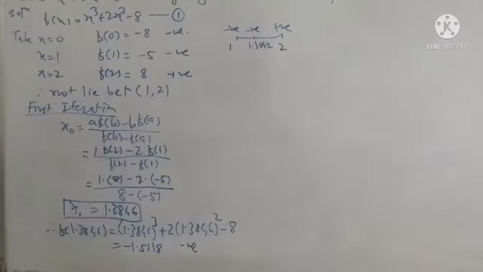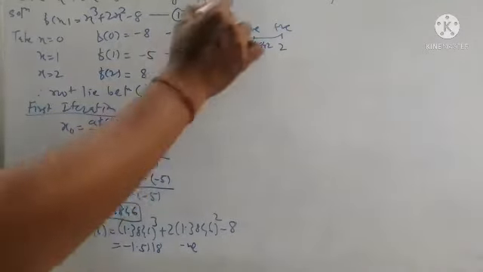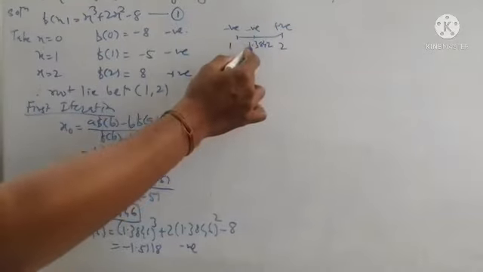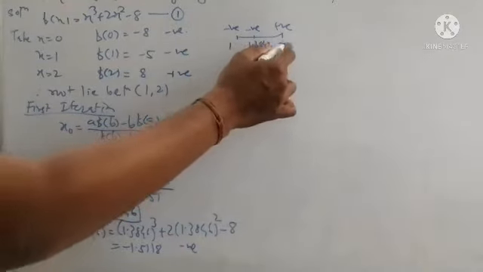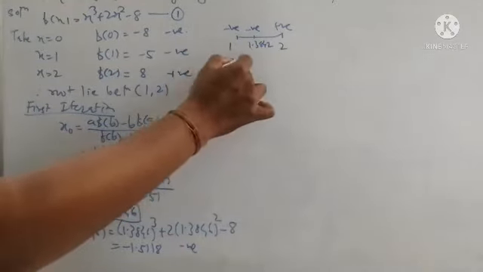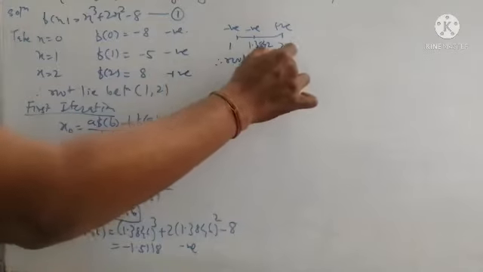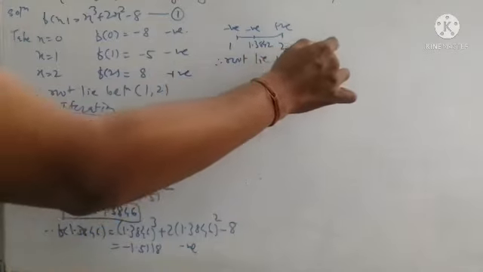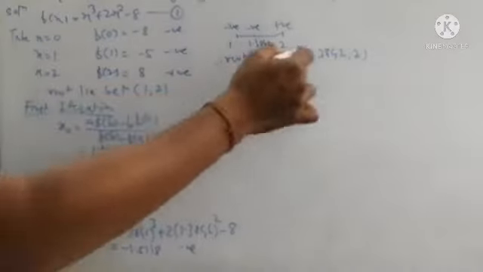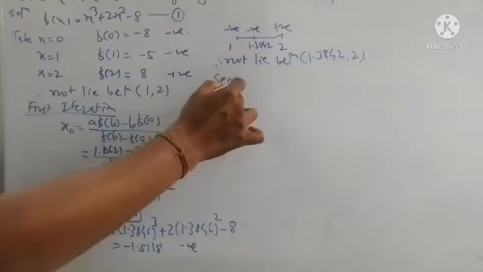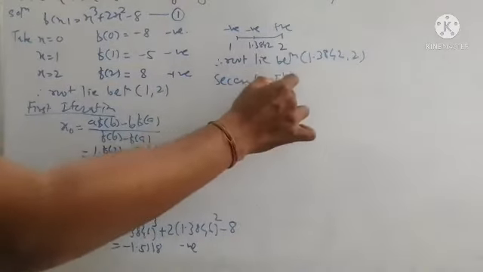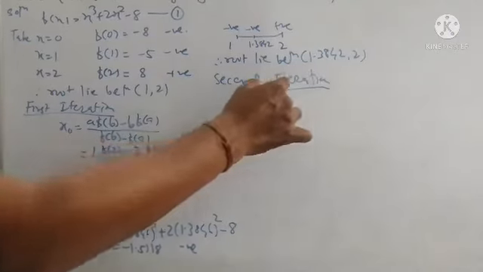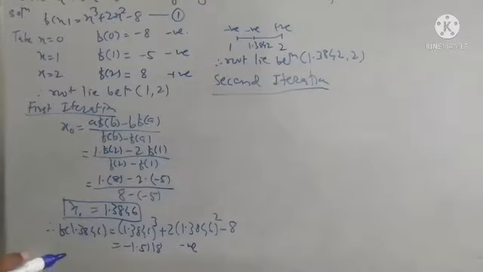Now you can observe that the sign of function changes from negative to positive between 1.3846 and 2. So the root of this equation lies between 1.3846 and 2. So using this interval we can find the second approximate root, or second iteration, of this algebraic equation.